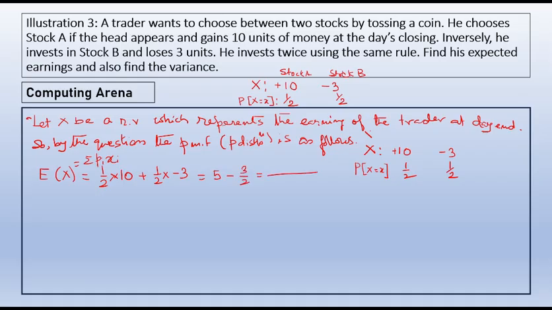If you take the LCM, you'll have 2 in the denominator and 10 minus 3 in the numerator, equal to 7 by 2, equal to 3.5. So this is the expectation of X.